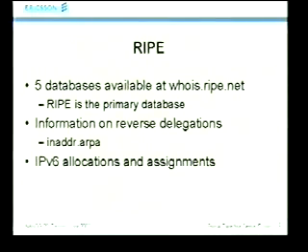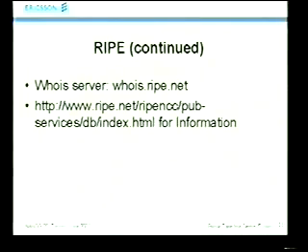So it's a slightly different database, there's rather more in it. It's not only routing policy, but also IP address allocations and assignments and reverse delegations. And there's the Whois server, whois.ripe.net. If you're looking for information, it's at this URL.